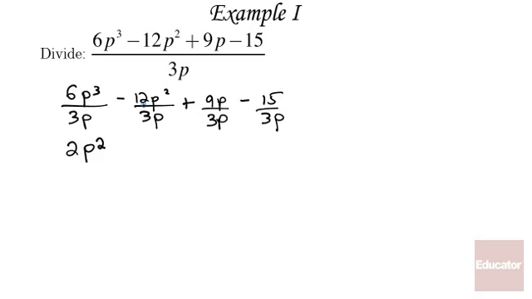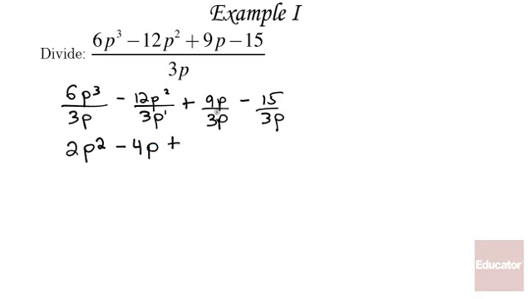Next I have negative 12p squared divided by 3, so that's going to give me a negative 4, and I'm going to see that my p squared divided by p, so what I'm going to be doing is subtracting the exponents. I have a 2 here, and this really means 1, so 1p is going to cancel out.